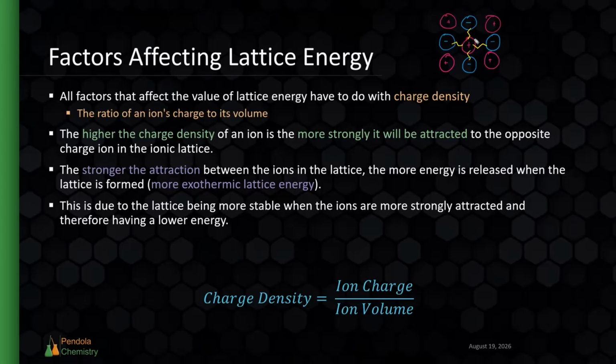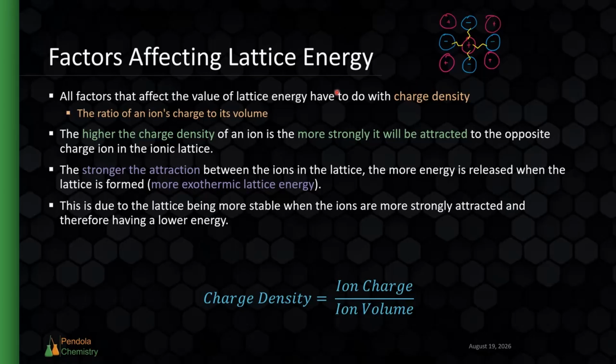Any factor that affects this magnetism, this positive and negatives attracting each other, is going to affect our lattice energy. So all the factors that affect the values of lattice energy have to do with what we call charge density. Now, this is a new word that we're using, but we actually have discussed charge density a bunch throughout AICE chemistry.